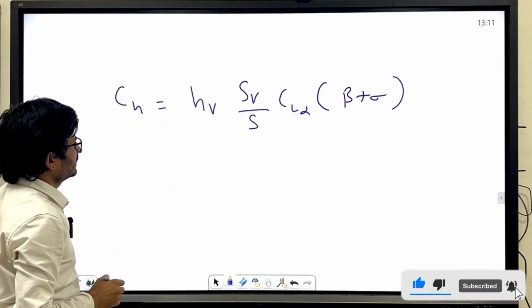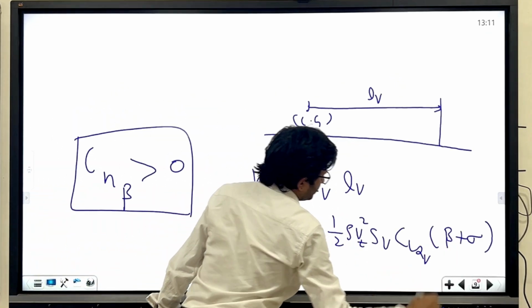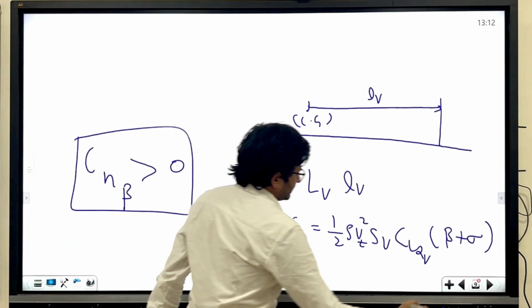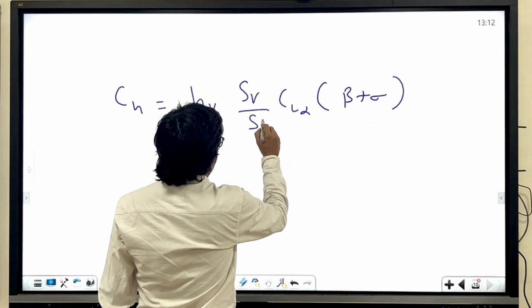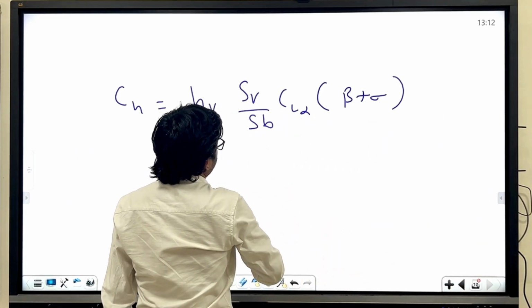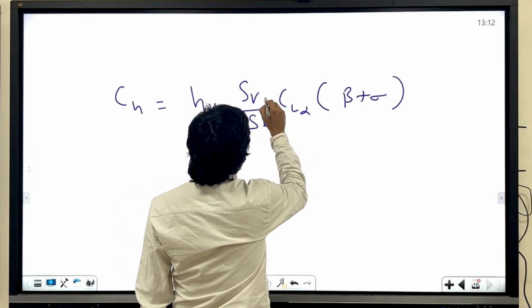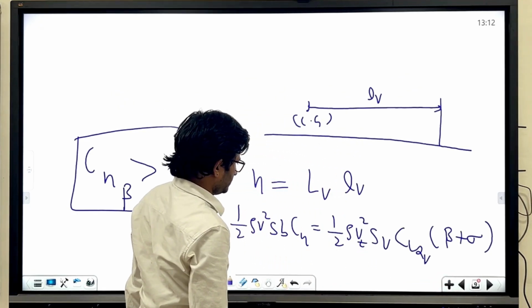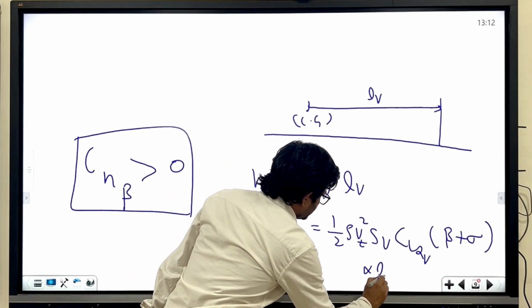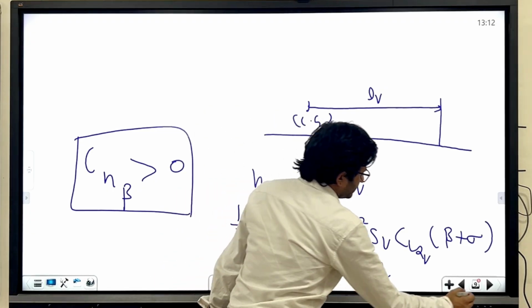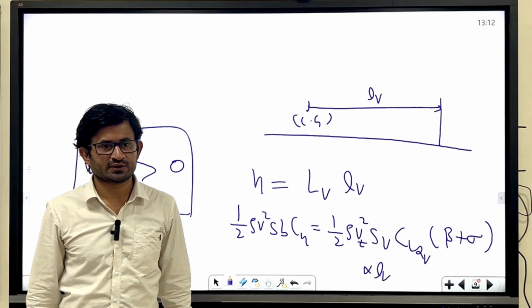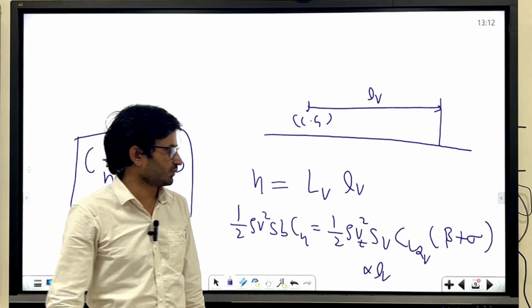Please correct me if I am wrong. Then S_V by S, B, and LV. Sigma is the sidewash angle, like the downwash we saw in the longitudinal case.